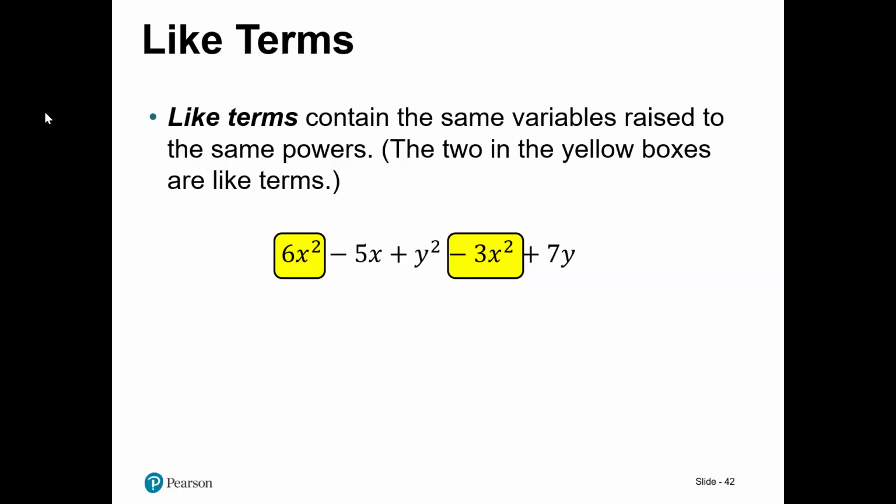What we see here is that we have 6x squared, so it's just this x squared that we're worried about. This is just x, it doesn't have the square, so it's not the same. This has a square, but it's a y, so that's not the same. The only other one that has that same x squared is the like term.